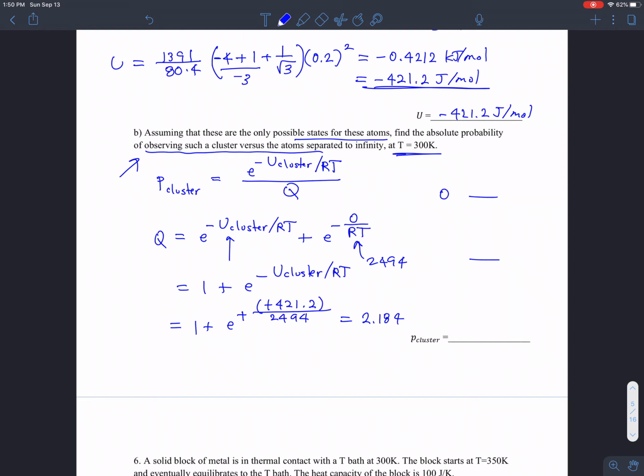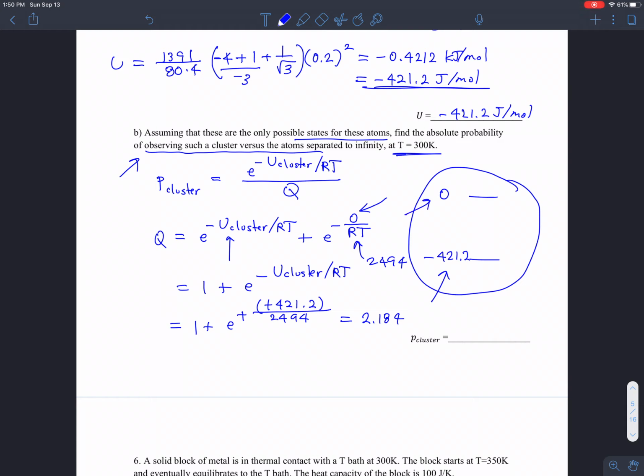When the atoms are separated to infinity, the energy is 0. That's what I plugged in here for the upper state, and the lower state has minus 421.2 for its energy. So we're doing something a little different than before. In the examples we've done before, we took the lower state to be the 0 of energy. Here we're taking the upper state to be the 0 of energy.